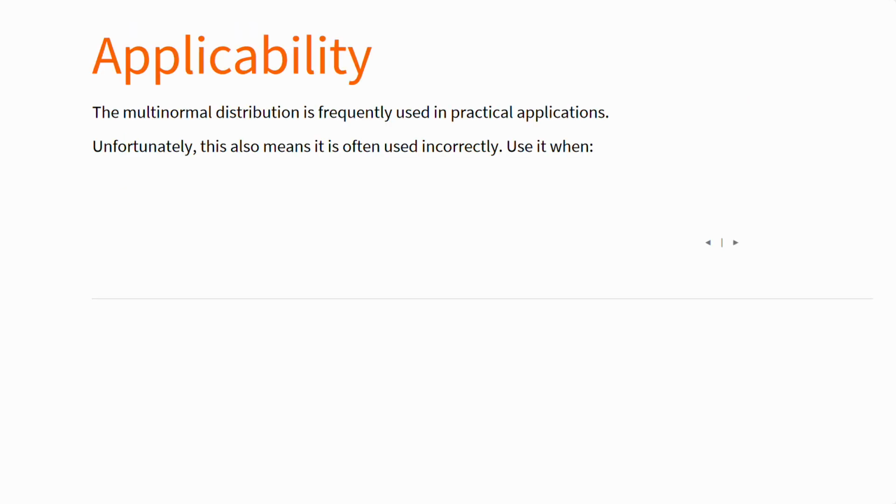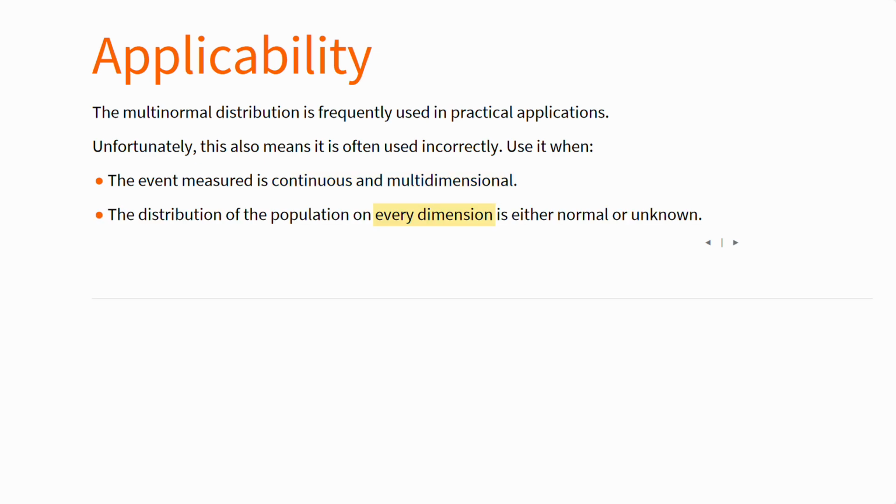The multinormal distribution is frequently used both correctly and incorrectly. So try to use it when the event measured is continuous and multidimensional, but most importantly, you should be able to determine or assume the normal distribution on every single dimension to be able to then apply the multinormal.